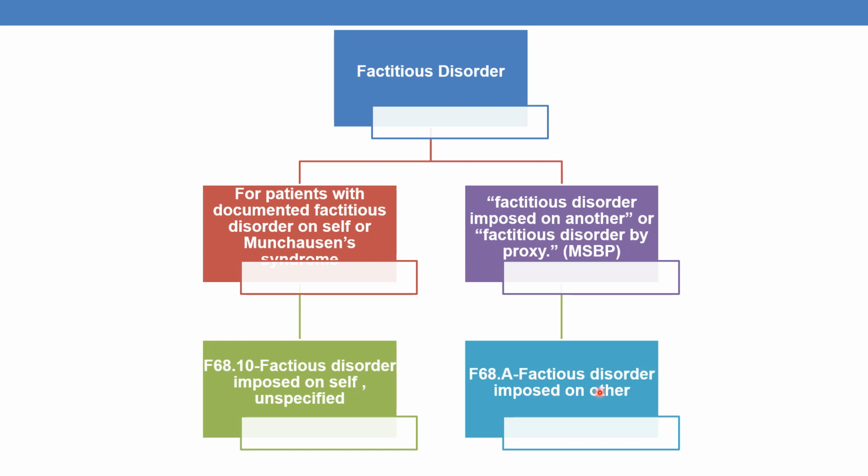F68.A indicates factitious disorder imposed on other. If it is on self, you need to code F68.10. If it is imposed on another person, you need to code F68.A.